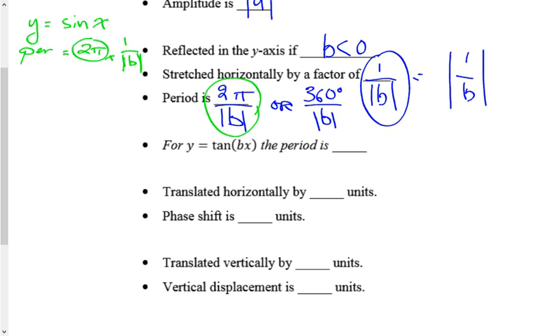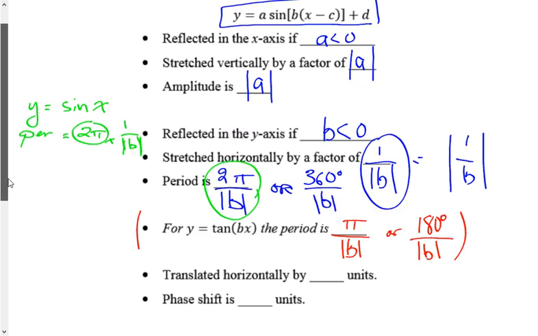So this would be pi over the absolute value of b, or 180 degrees over the absolute value of b. So that's a little parenthetical, because it's not referring to the equation we had at the top, which was the sine function.